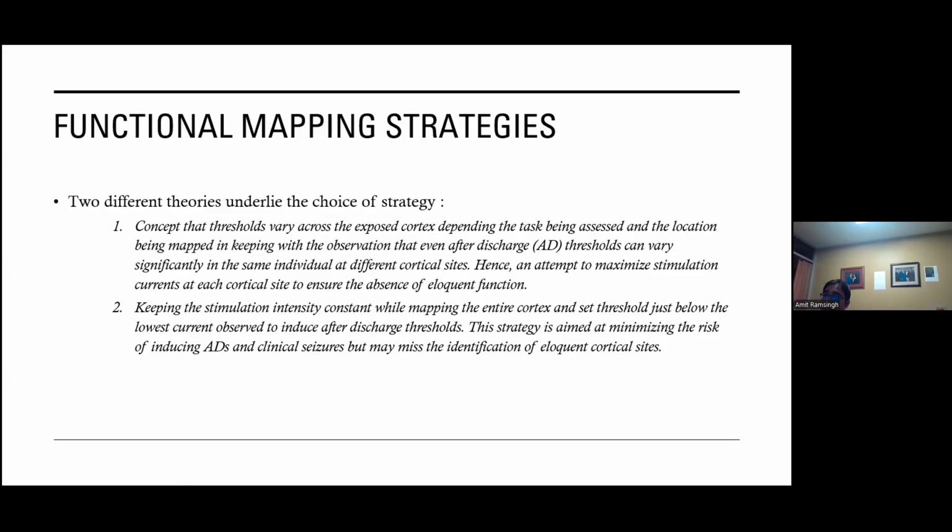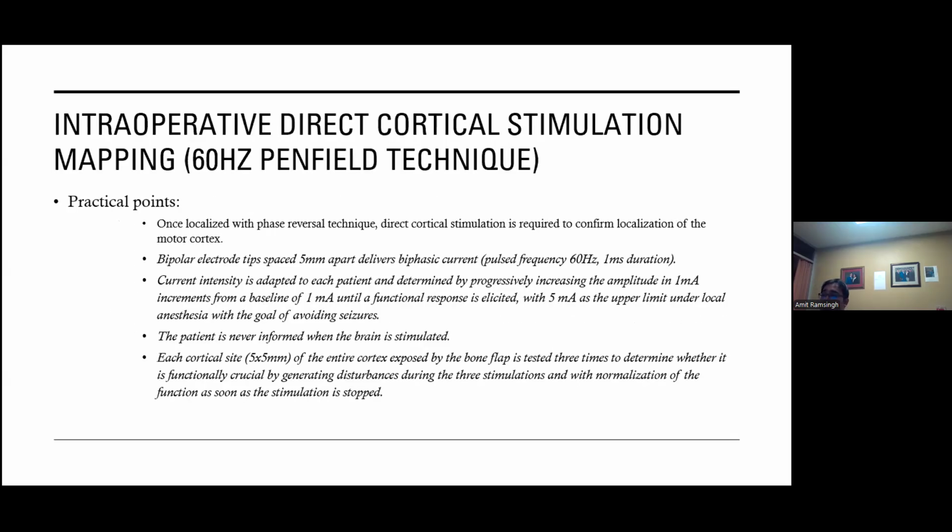The second theory is that you want to keep the stimulation intensity constant while mapping the entire cortex and set the threshold just below the lowest current observed to induce after discharge. This strategy is aimed at minimizing the risk of inducing after discharge potentials and clinical seizures, but it could miss the identification of eloquent cortical sites.